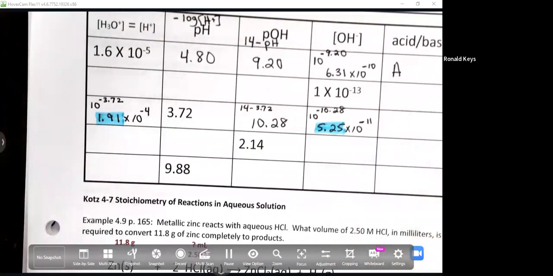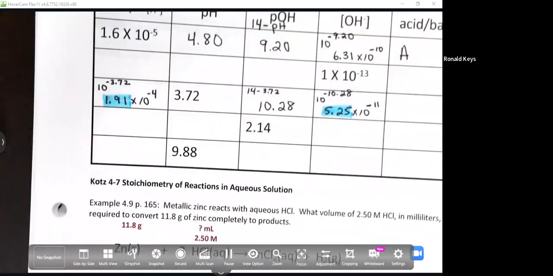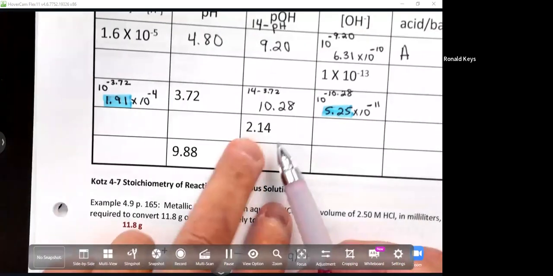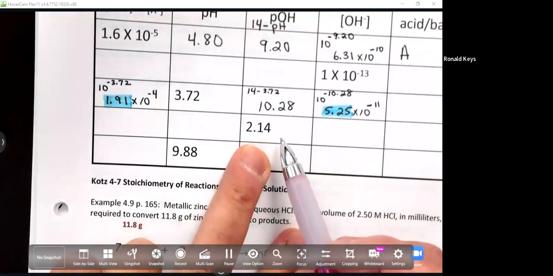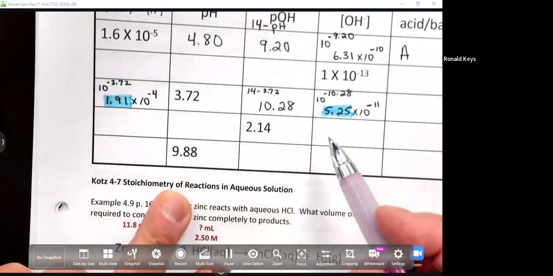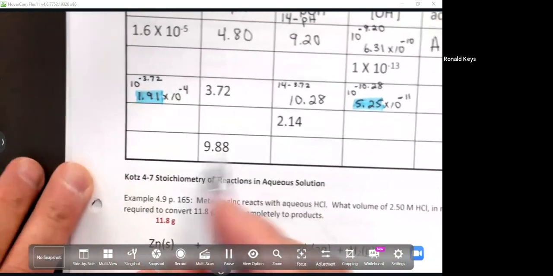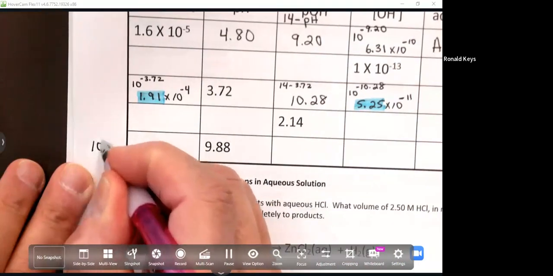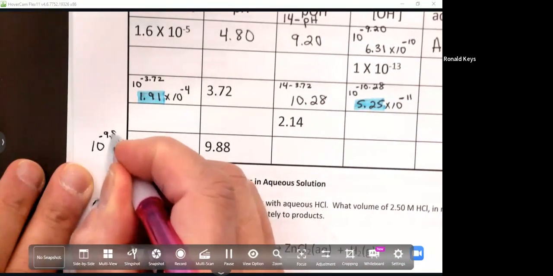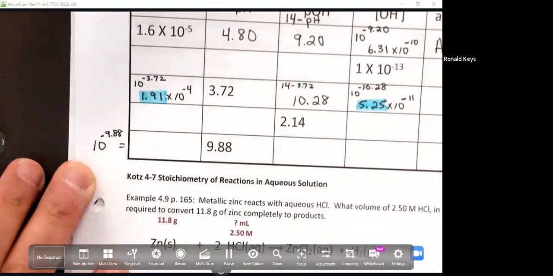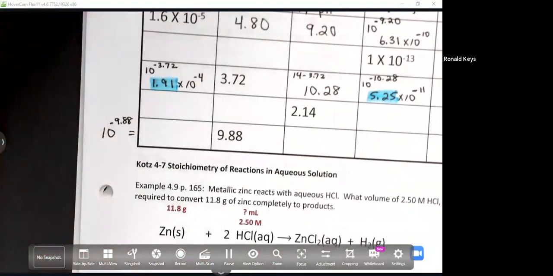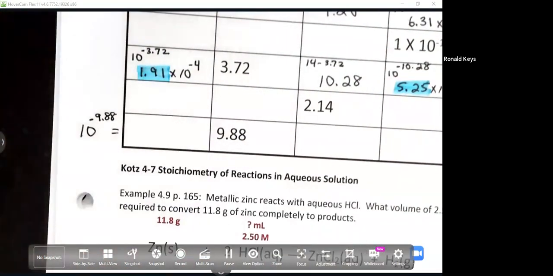All right, let's do one more and then do some stoichiometry. If we do this 2.14, let's do this 9.88. So this would be 10 to the negative 9.88 here, right? So 10 to the negative 9.88.